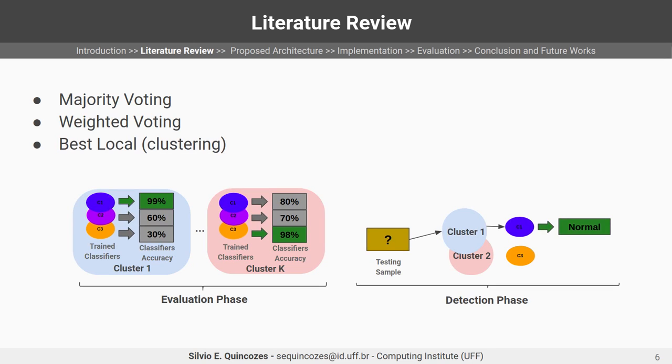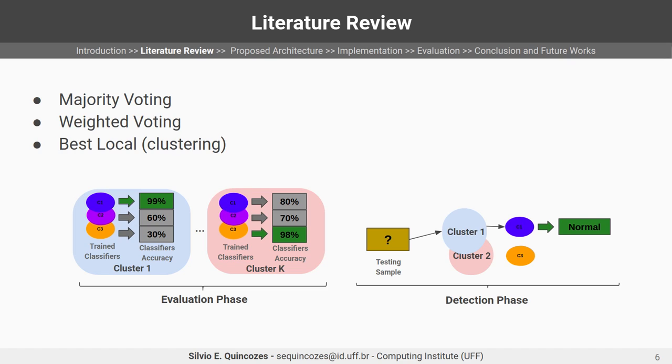The third approach for using multiple classifiers is the best local. It relies on clustering algorithms in order to split all the evaluation samples, and for each cluster of samples, all the classifiers are evaluated. We select the best classifier for each cluster as the classifier to take the final decision.